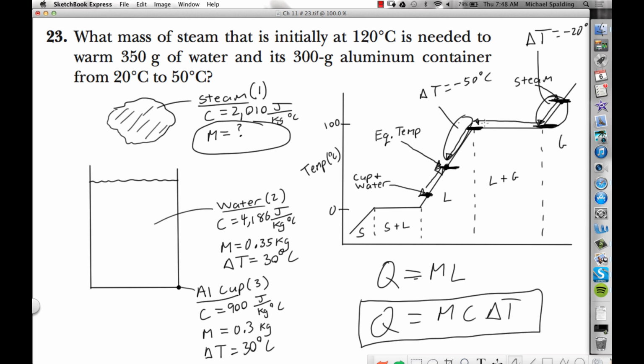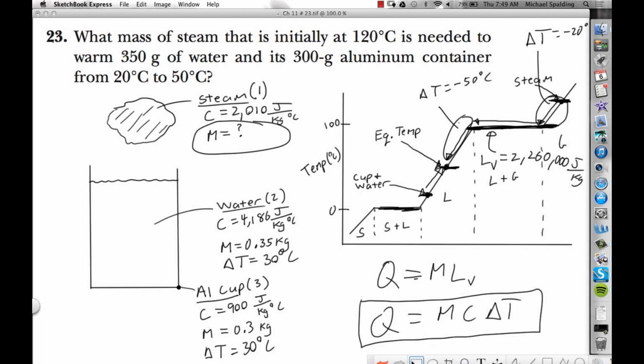Oh, and we have to have the L, the latent heat of vaporization. The latent heat of vaporization for water is 2,260,000 joules per kilogram. That's the L. If you're up here, it's called latent heat of vaporization. If you're down here, it's called the latent heat of fusion.